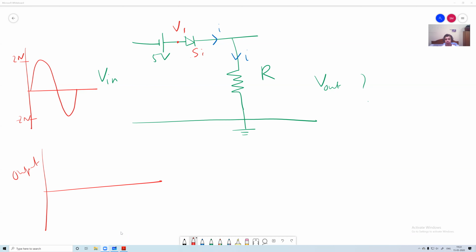Zero. Hmm. So if the voltage is -1, is the diode forward biased? If V in is -1 volt, is the diode forward biased? No. Are you sure?